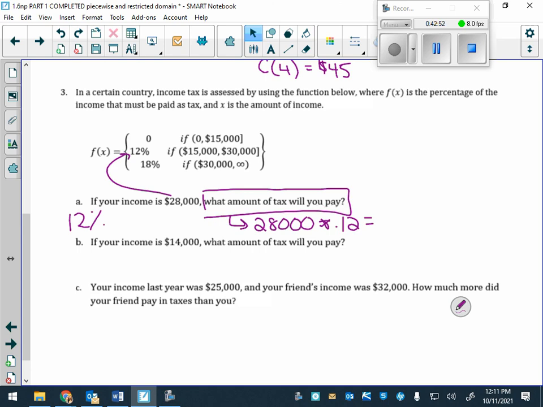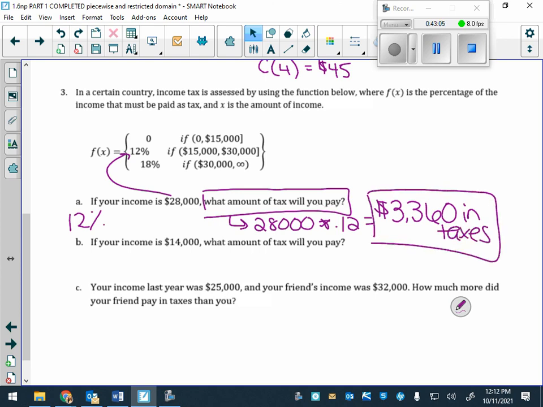It's 12% of 28,000. Good. So you will pay this much in taxes. If your income was 14,000, what amount of tax? 0. 0% means 0 taxes.